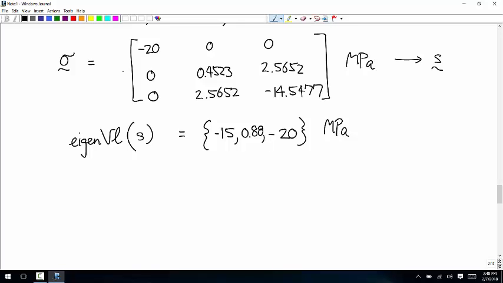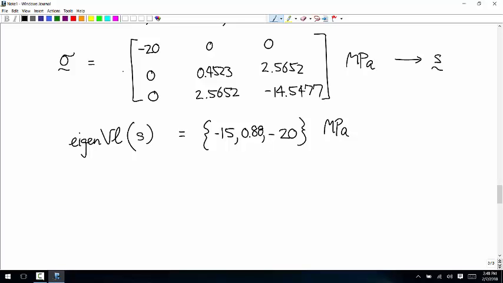So negative 20, 0, 0, 0.4523, 2.5652, 0, 2.5652, negative 14.5477.